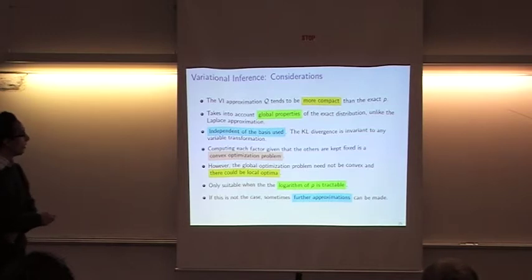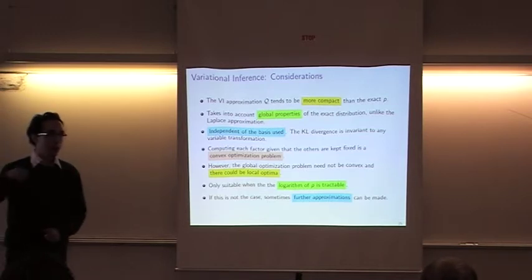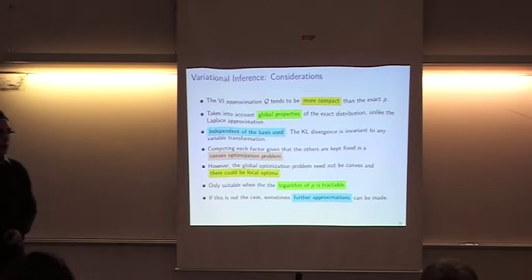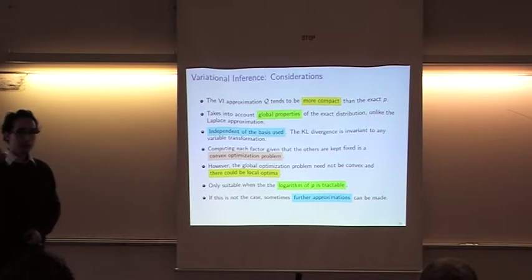Variational inference is minimizing this Kullback-Leibler divergence, which takes into account the global properties of the distribution. The Laplace was just looking at the mode, looking at the first and second derivative at the mode, and then fitting the Gaussian using just those local properties.